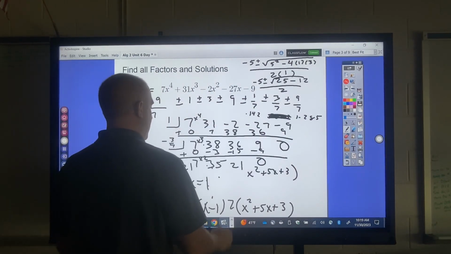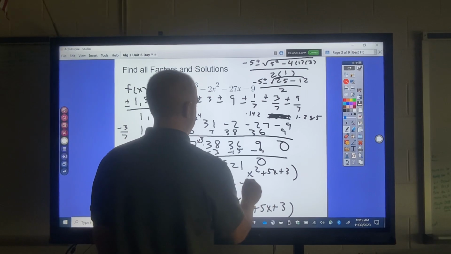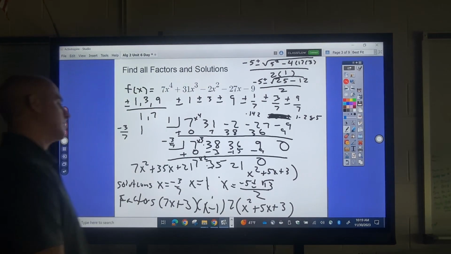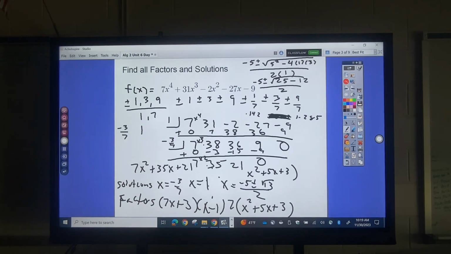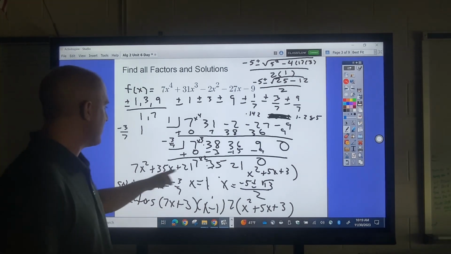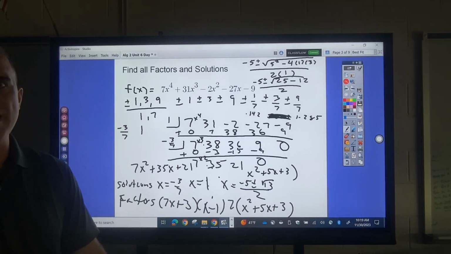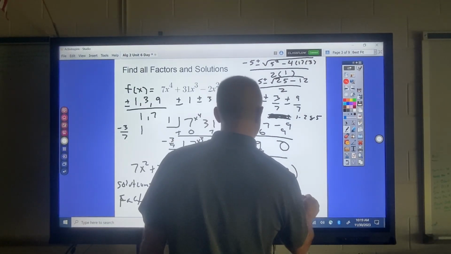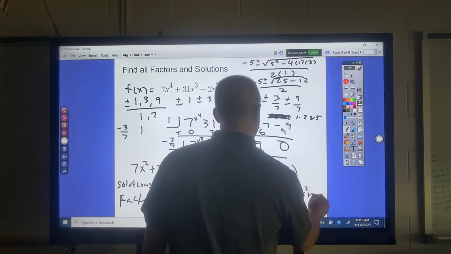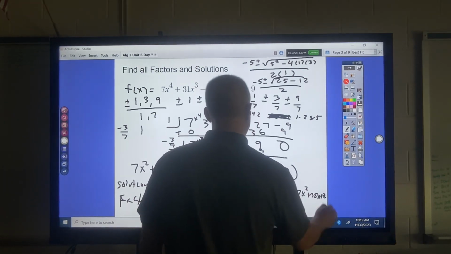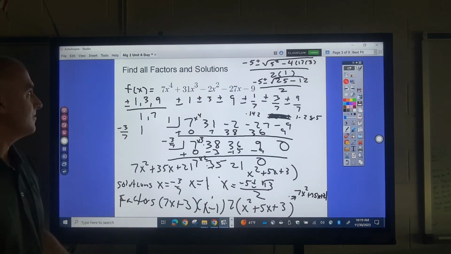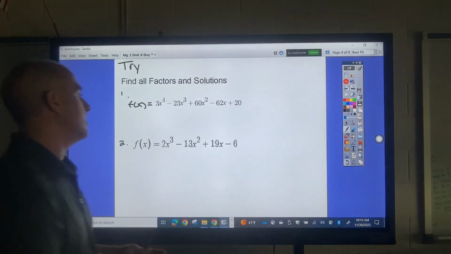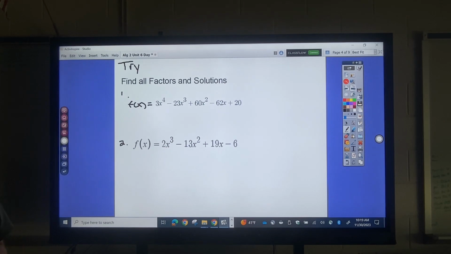That's negative 5 plus or minus square root of 13, all over 2. All right, so that's going to be my answer. You can either write that or put that in there, either is fine. So you can go ahead and pause your video and work on those 2.